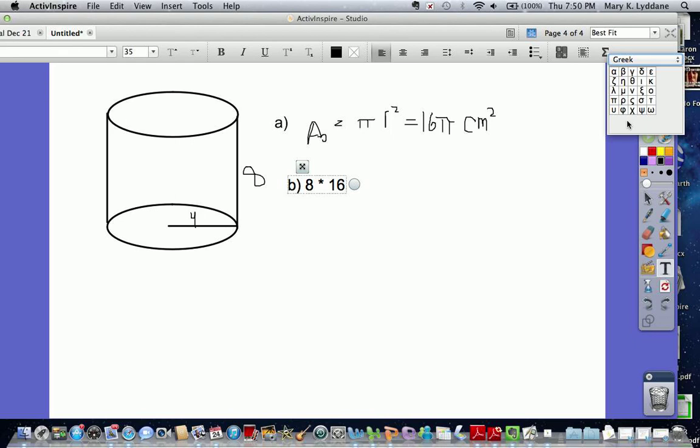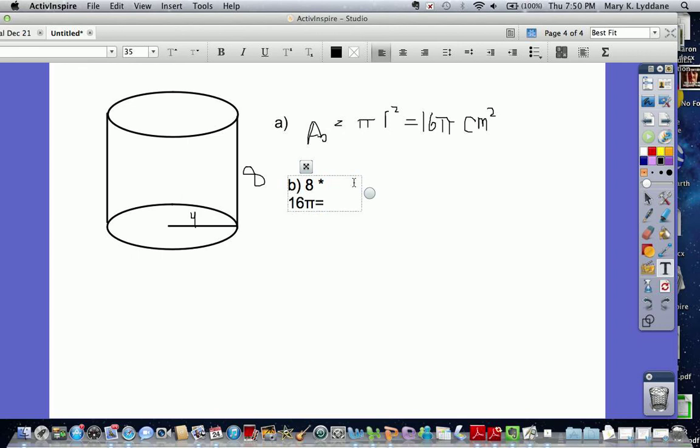That would be equal to, we'll round that, 402.123, so that's equal to 402 centimeters, which is what they asked us to do to 3 sig fig, and we want to make sure that we're showing that cubed.